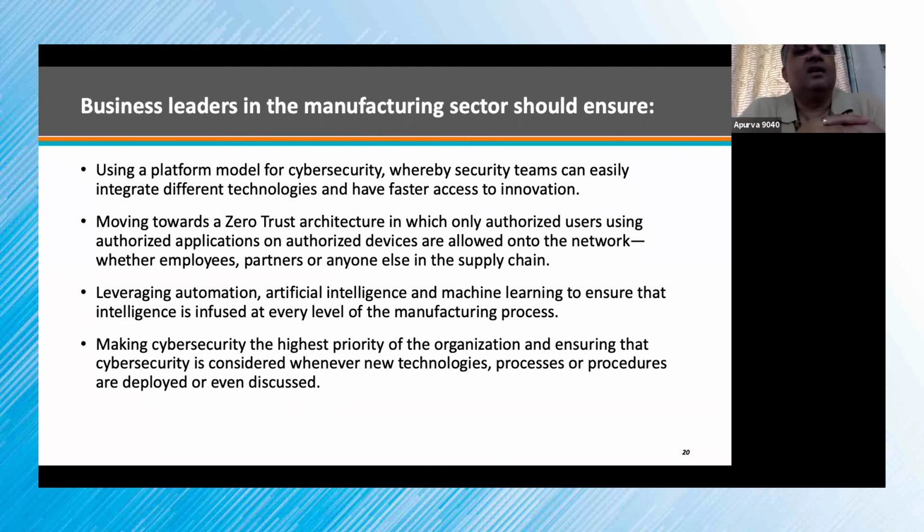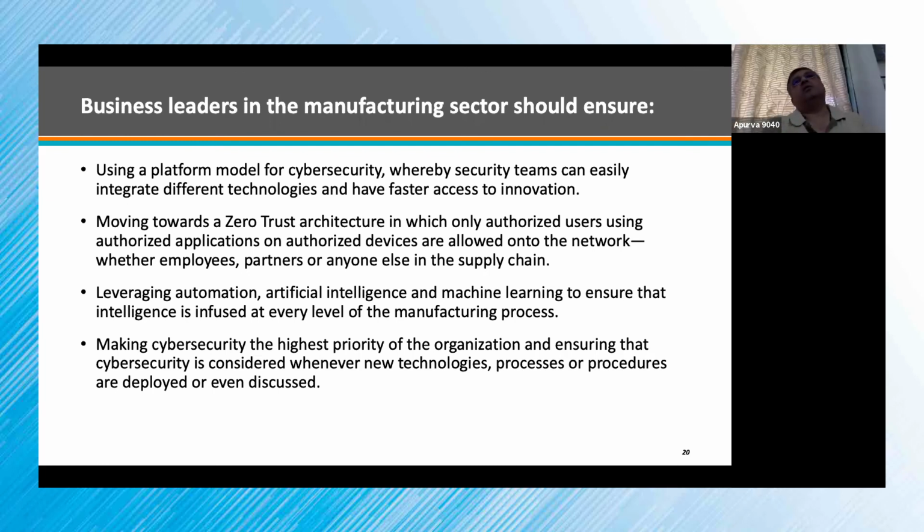So in the manufacturing industry, what we expect a business leader to do is have cyber security in place and integrate different technology to have faster access. Move towards zero trust. This is the new thing that has come into the picture, zero trust architecture.